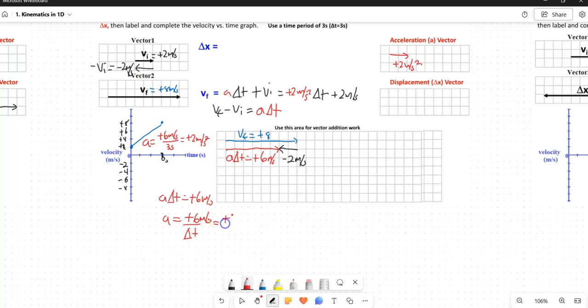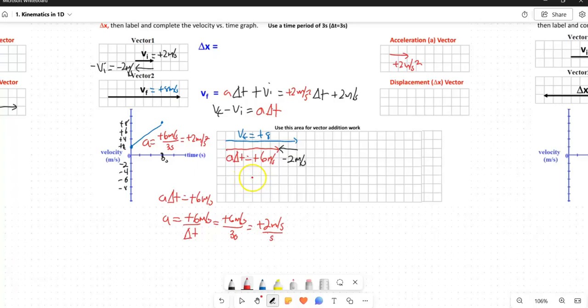So this is going to be positive 6 meters per second divided by 3, which is going to be positive 2 meters per second squared, right? Or positive 2 meters per second for every second. So that's how you could do this.